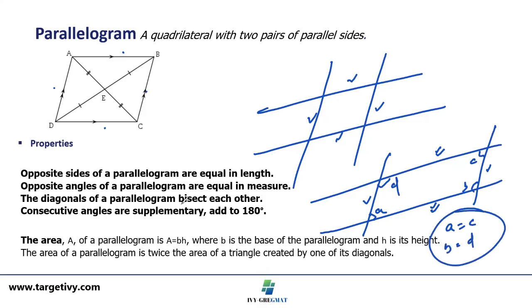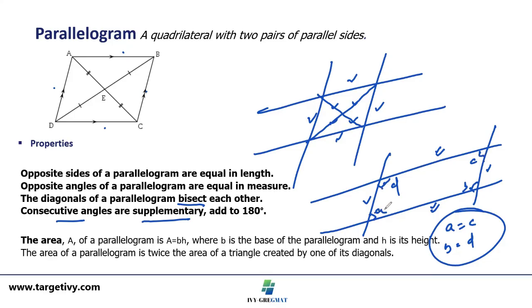The diagonals of a parallelogram bisect each other. So diagonals will bisect. That means they will break up into two parts. Consecutive angles are supplementary. That means this plus this, or this plus this, is 180. Clear?